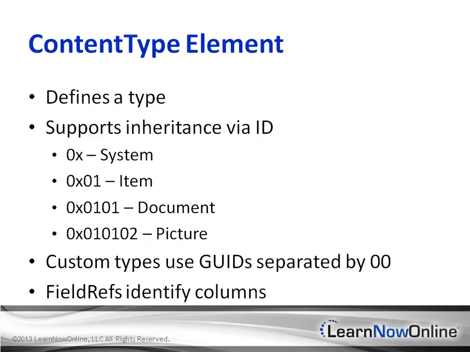So in this demo, we're going to go ahead and build on the previous exercise of building the site column, and we're going to define a content type that includes that favorite color column.